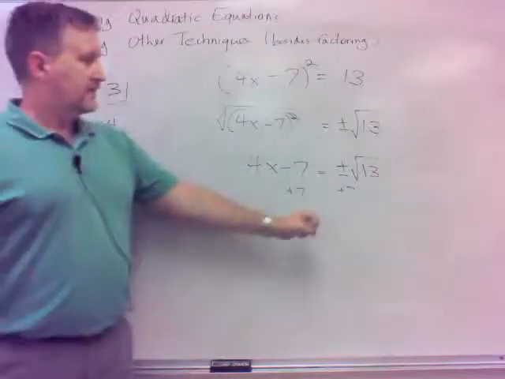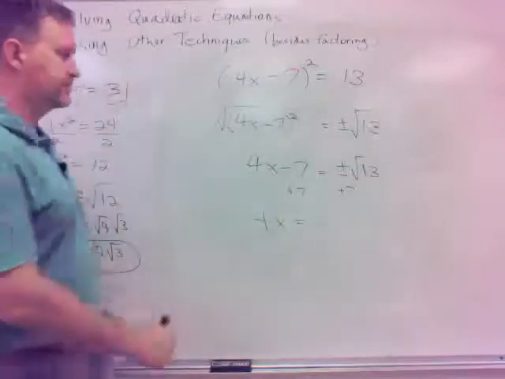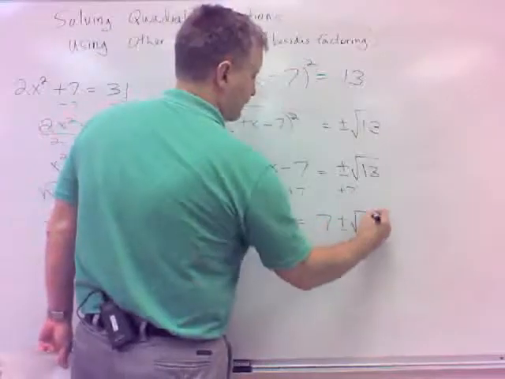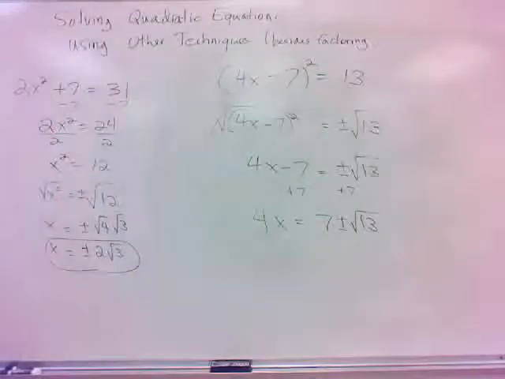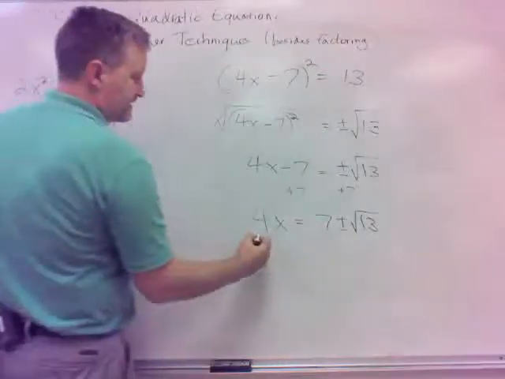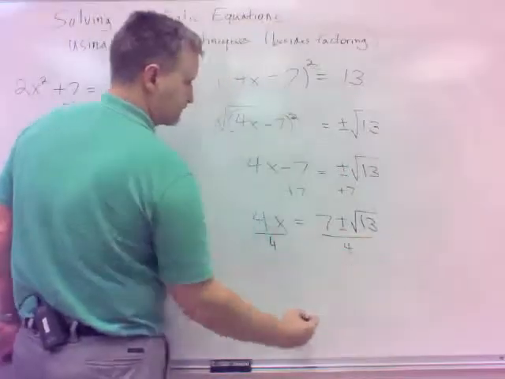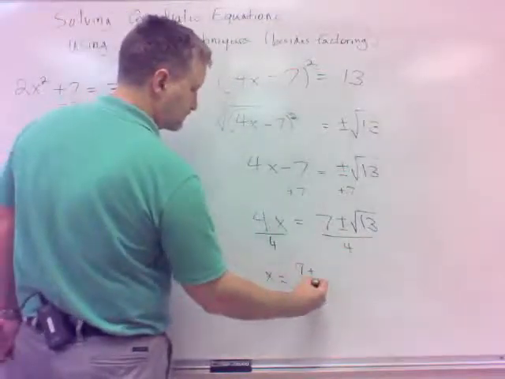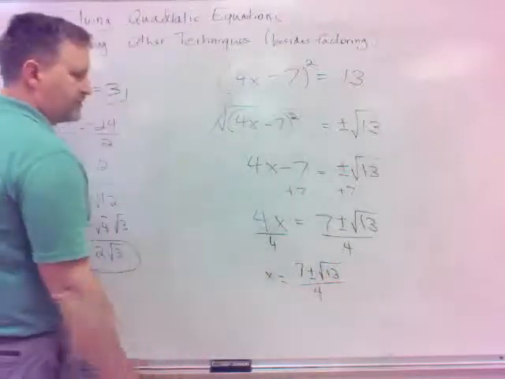No. I've got a square root term and I've got a regular number, so no, those don't combine. I just have to say 7 plus or minus the square root of 13. And so then last but not least, divide by 4.